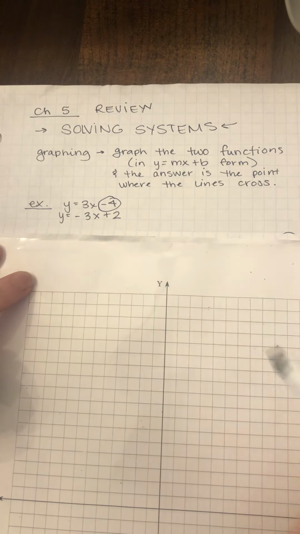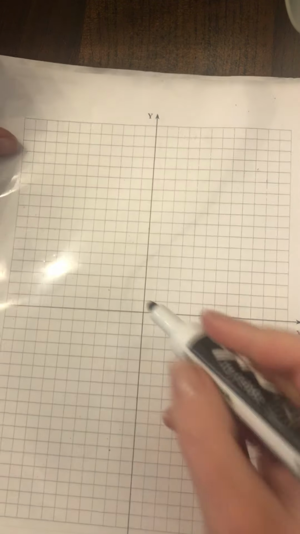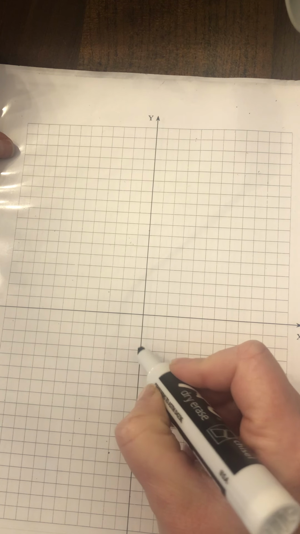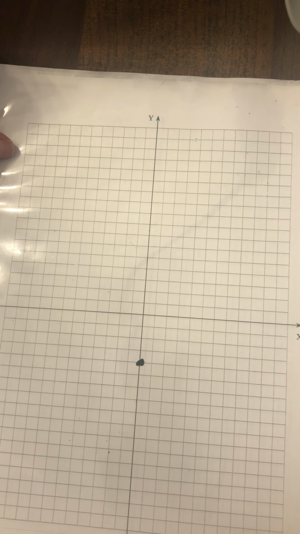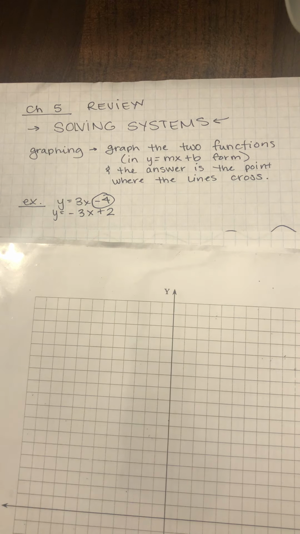But we started by circling that second number, which in this case was -4, and that's where we begin on the graph. So down 4. So 1, 2, 3, 4. And then from that point, we use the m, the slope, to tell us where to go.